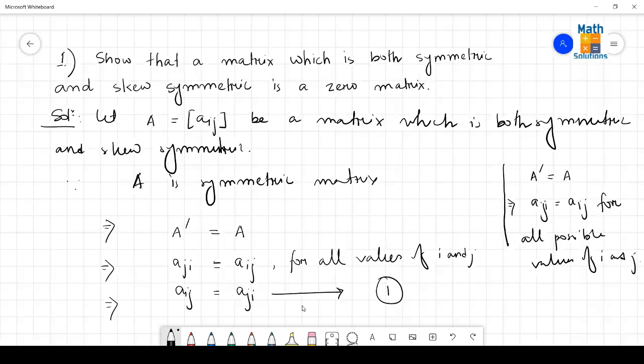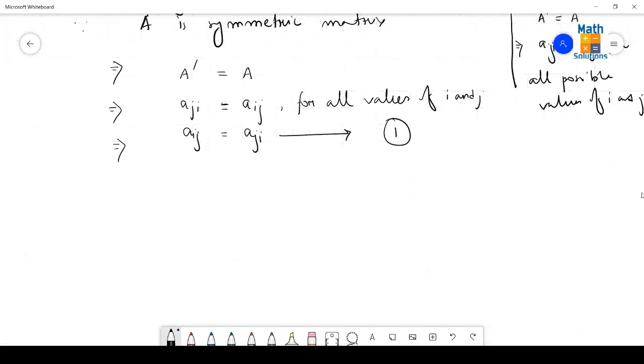Next, when we come to the skew symmetric part, since A is skew symmetric, what do we get?